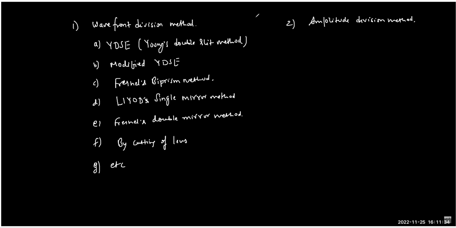And in this amplitude division method, we'll talk about the thin film interference. We have something called air wedge.